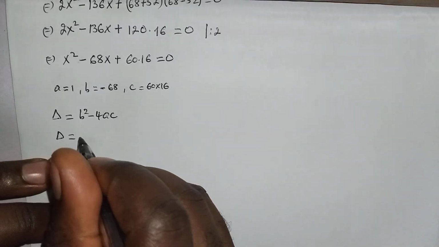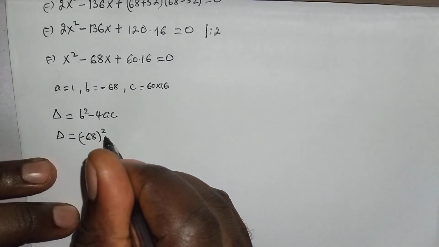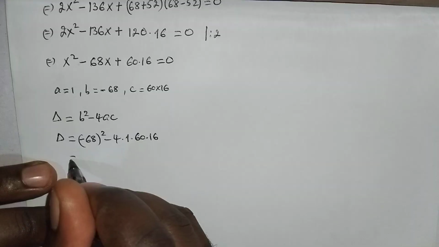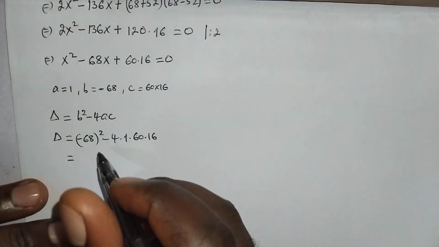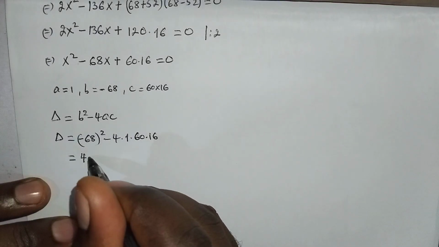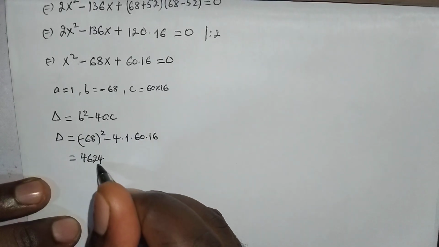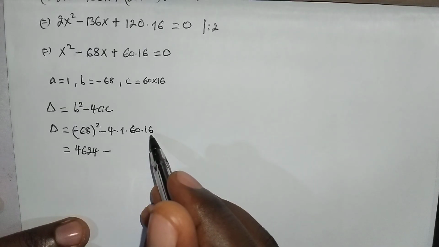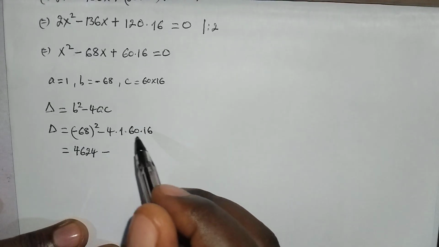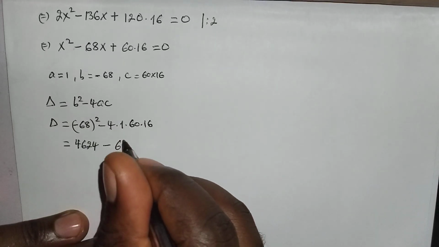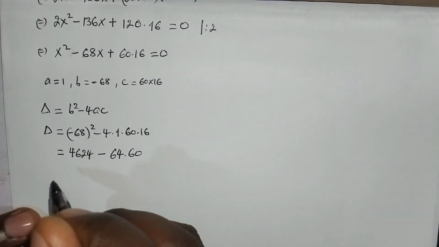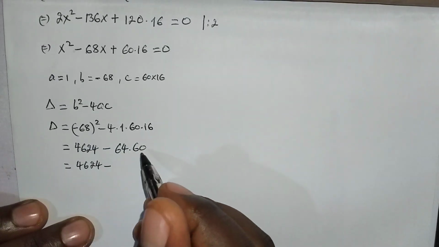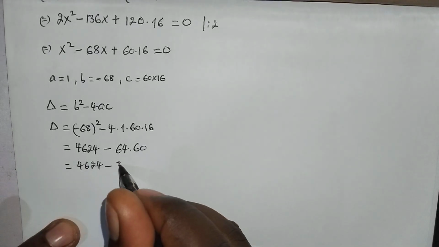Delta is equal to negative 68 square minus 4 times a times c, 60 times 16. 68 square is equal to 4624, minus 4 times 16 times 60. 4 times 16 is 64, times 60, this is equal to 3840.